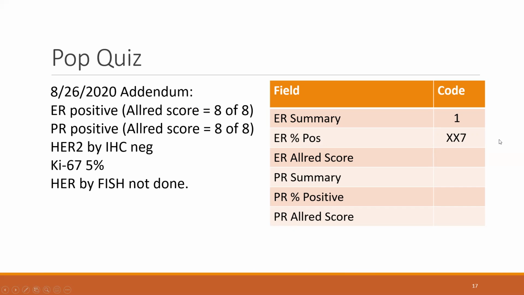We don't know what the value was. And then the ER all-red score was given to us. We don't even have to calculate it. It was 08. And then the PR summary is also positive, so that's a 1. The PR percent positive we do not have. So again, XX7 would be test done, results of the percentage not in the chart. And then the PR all-red score was given to us and it is an 08.